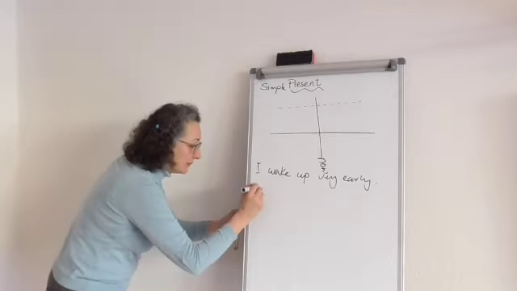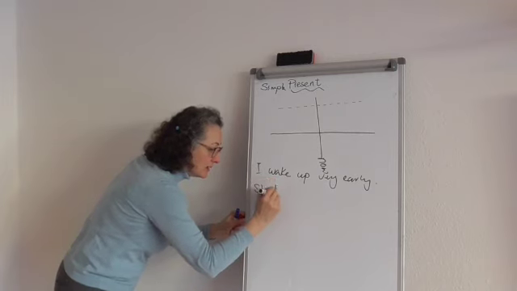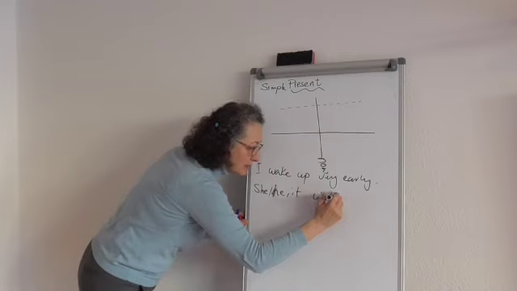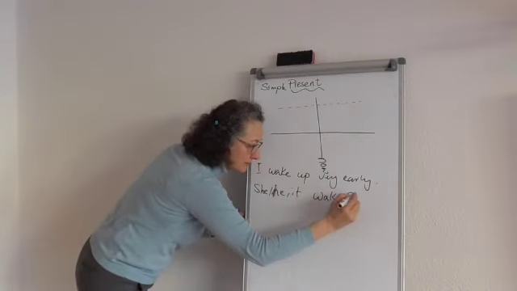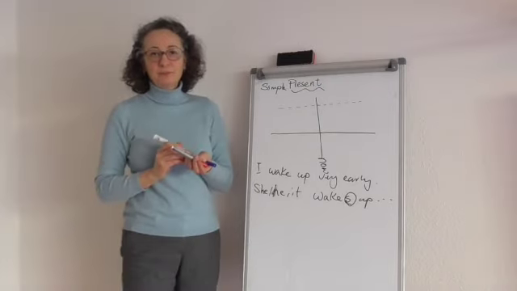And here, if you have the third person, sorry, he or it, then you need the famous S after the verb. All right?